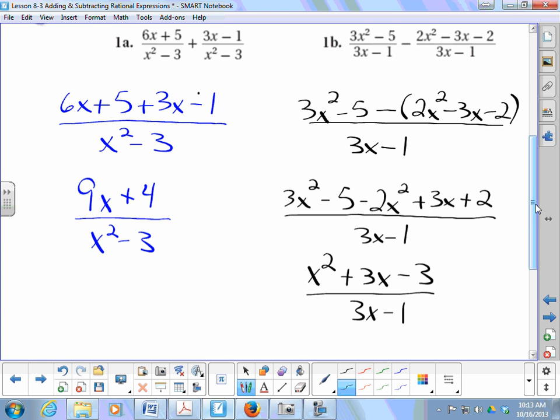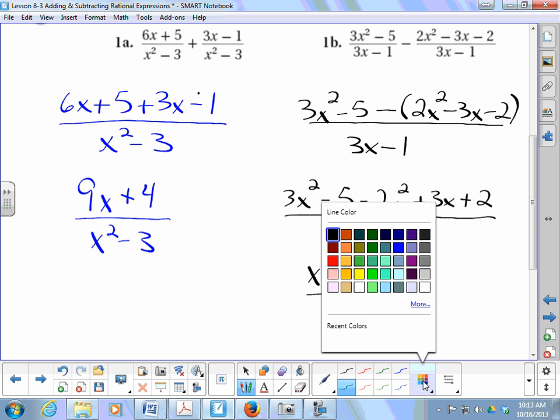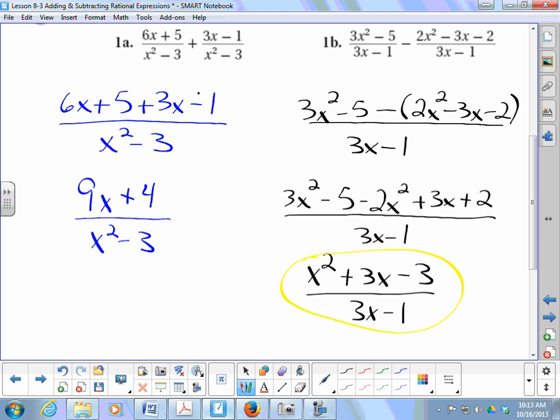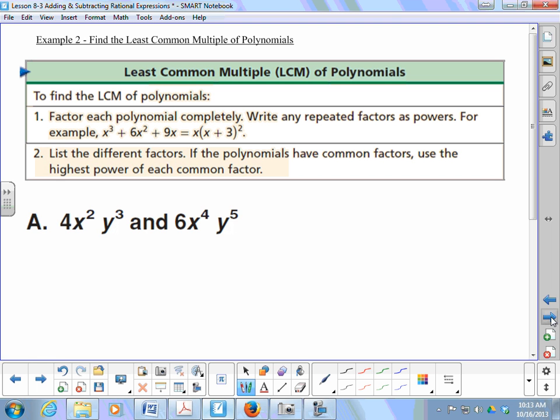In this case, I can't factor the denominator or the numerator, so I'm done. But you've got to make sure that you distribute that negative.